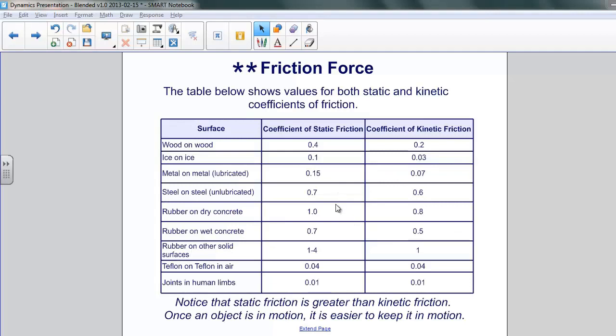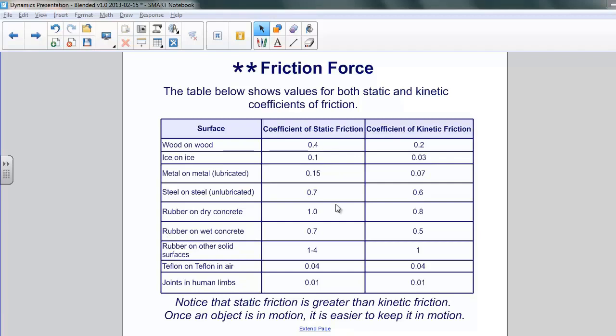Earlier on, we showed you a table of coefficients of kinetic friction. And here we want to present a similar table showing you the coefficients of kinetic friction alongside the coefficients of static friction. The patterns from material to material are pretty much the same as they were in the solely kinetic case. Certain materials have much lower coefficients of friction than others.